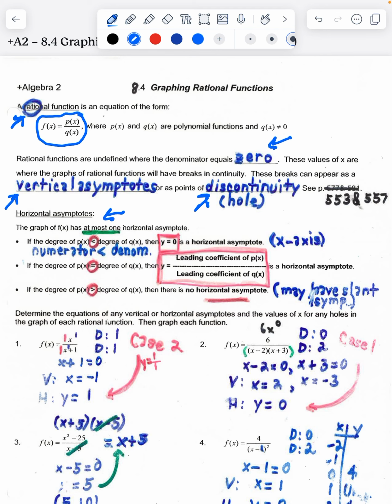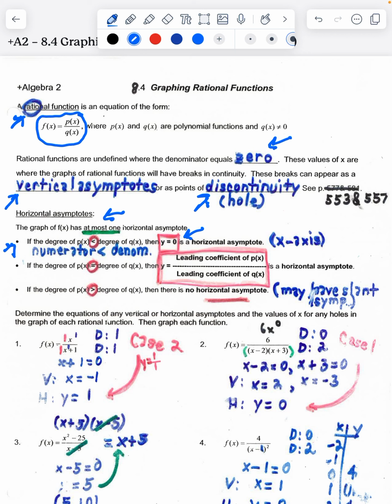Well, p of x is the numerator and q of x is the denominator. So the first bullet says if the degree of the numerator, p of x, is less than the degree of the denominator, q of x, then y equals 0 is automatically a horizontal asymptote, and that's the x-axis.